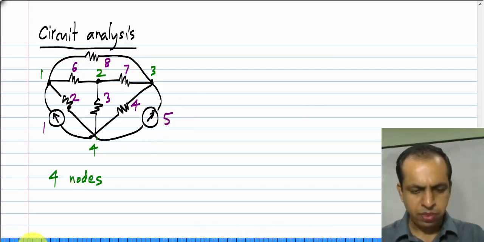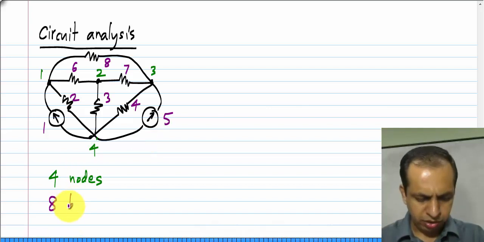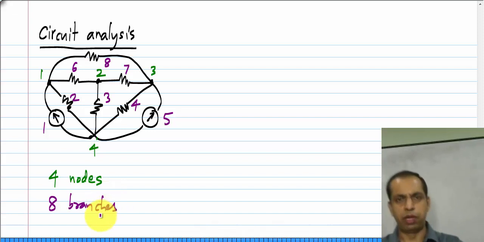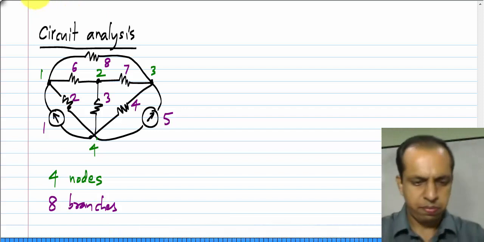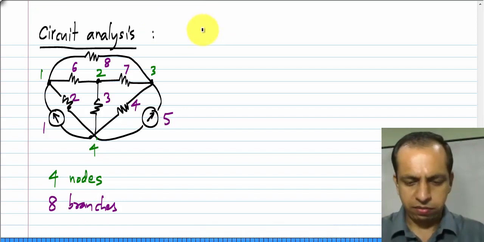So, there are 8 branches. In general, when we have a circuit, we will have a certain number of nodes and a certain number of branches.